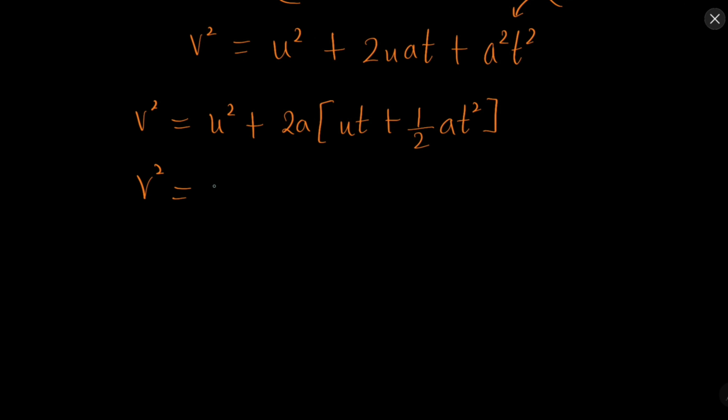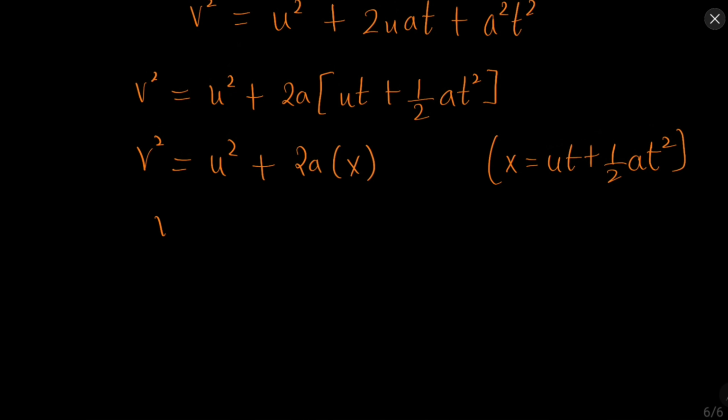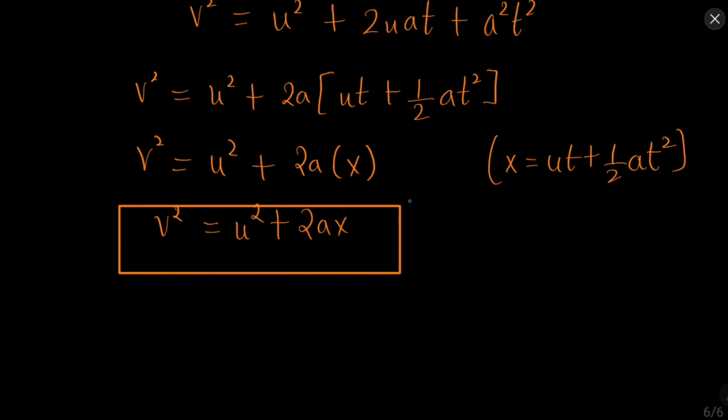Now what is ut plus half at square? It is x from equation 2. From equation 2, x is equal to ut plus half at square. So ultimately we get v square equal to u square plus 2ax. So this is our third equation of motion.